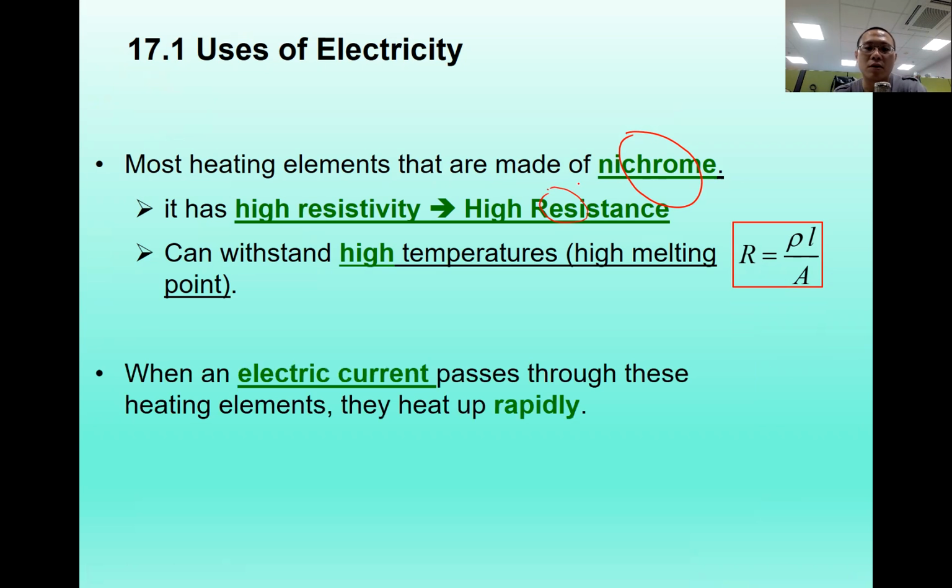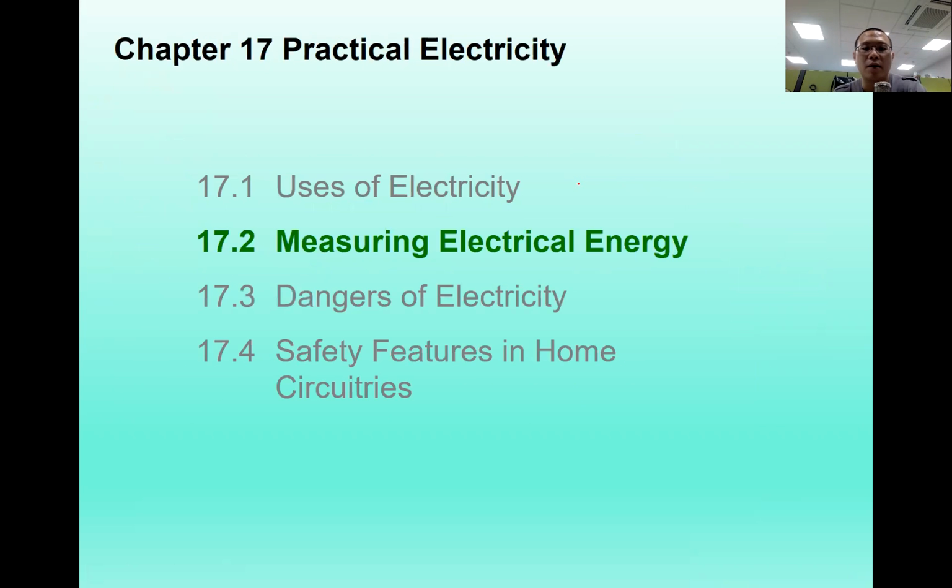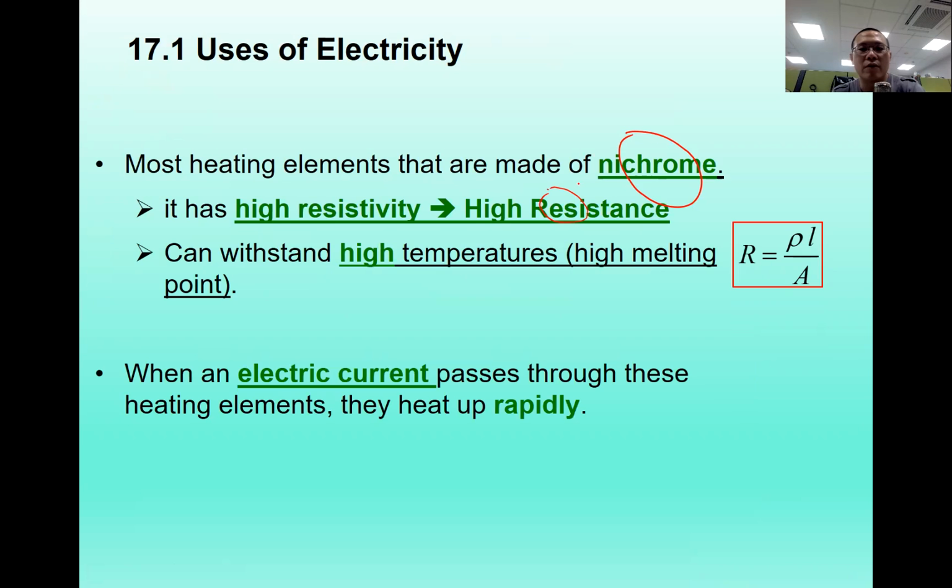Because the resistance is very high, it is able to heat up very fast, rapidly, and as a result generate heat in a very short time interval. And of course, one of the most important things is that it has a high melting point, so it will not melt easily, and thus I can use it for a heating element.